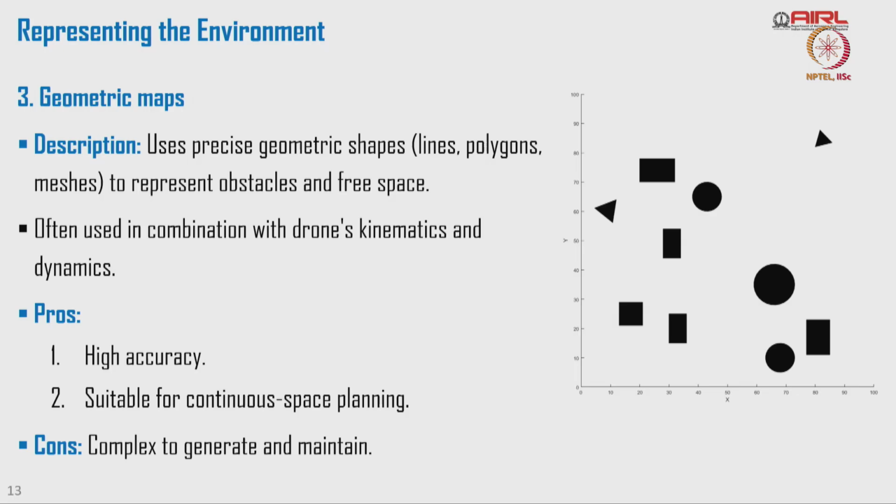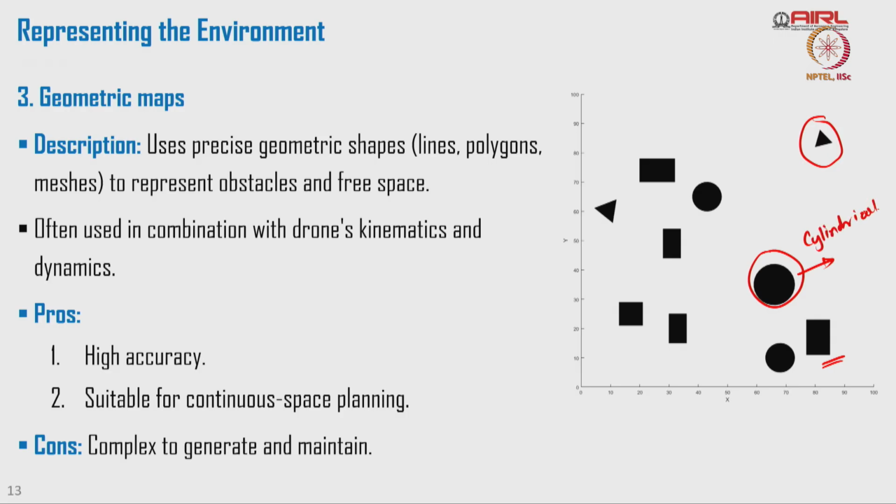Another very important and useful representation is geometric maps, which use precise geometric shapes of the obstacles. Here is a triangular obstacle, here a rectangular obstacle, and here a circular obstacle in 2D. In 3D, the circle becomes a cylindrical obstacle.